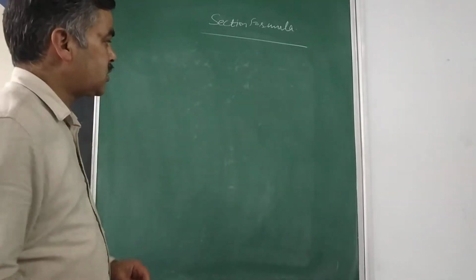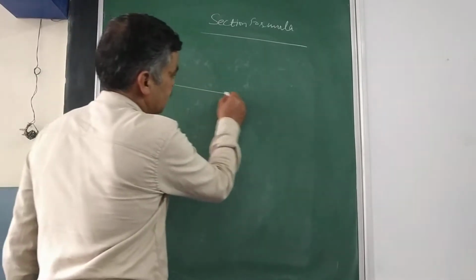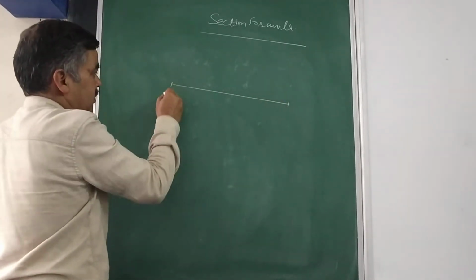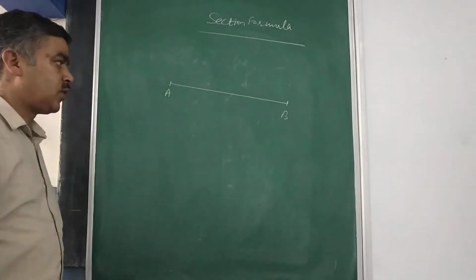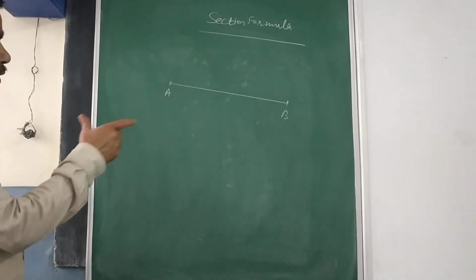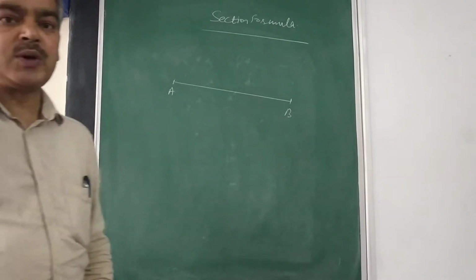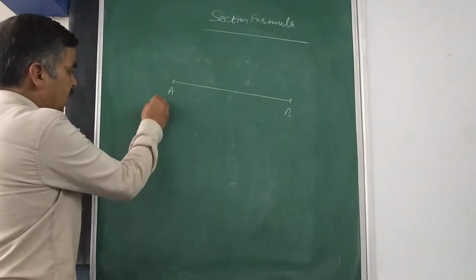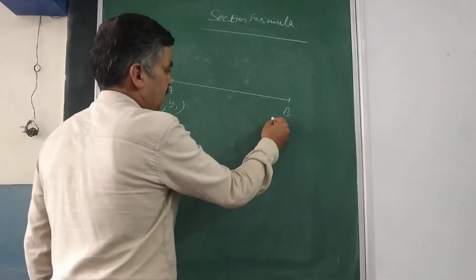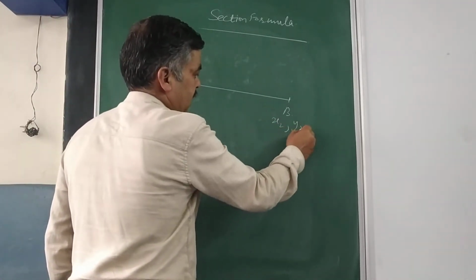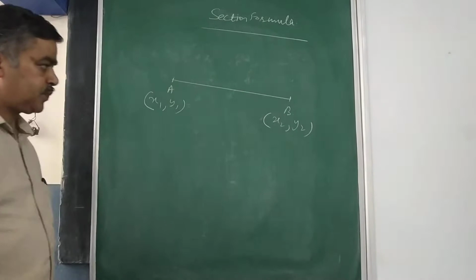Let us first understand what we mean by the section formula. In the previous exercise we already spoke about the distance formula, where we determine the distance between two points A and B. I said the coordinates of A are x1 and y1 and of B are x2 and y2.